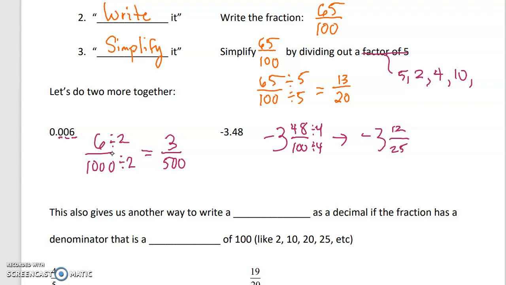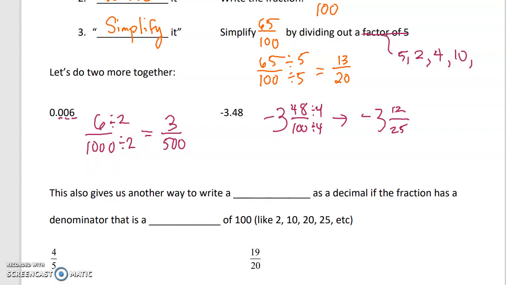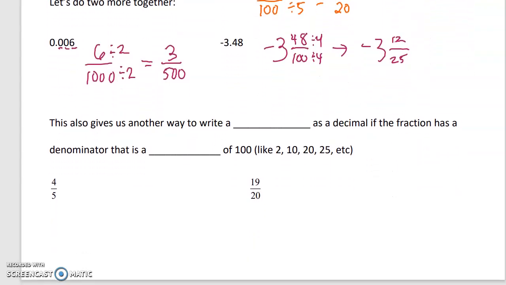The neat thing about doing this process is that it allows us another way to write a fraction as a decimal, if the denominator is a factor of 100. So the other day, all we did was dividing.